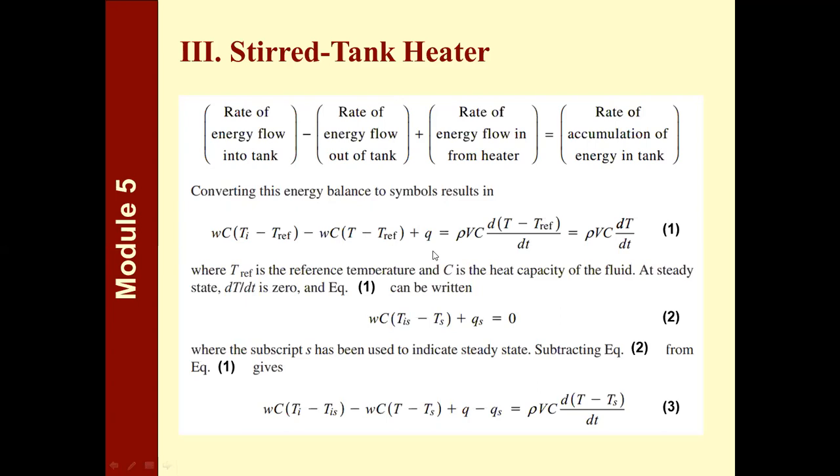Q is the amount of heat generated by the process itself or by the heater, supplied by your heating medium or by electricity, and this is the rate of accumulation of energy inside the tank. So rho Vc, the d of T minus reference temperature. Now this reference temperature depends on the unit in which you're working.